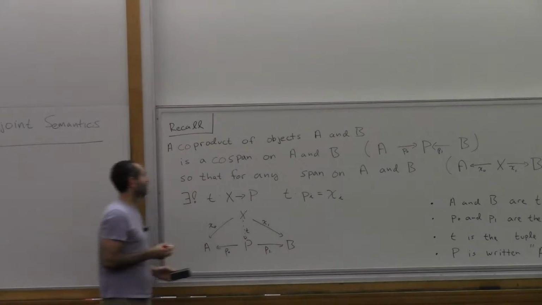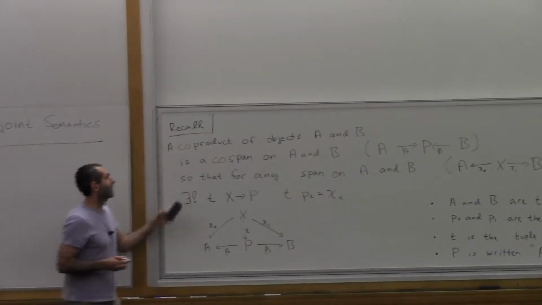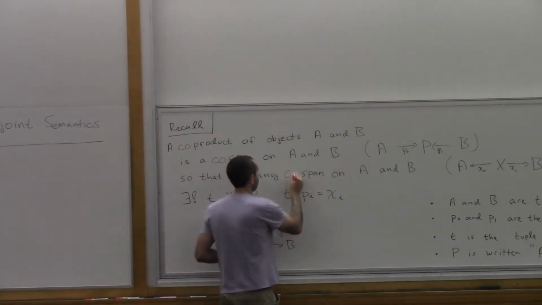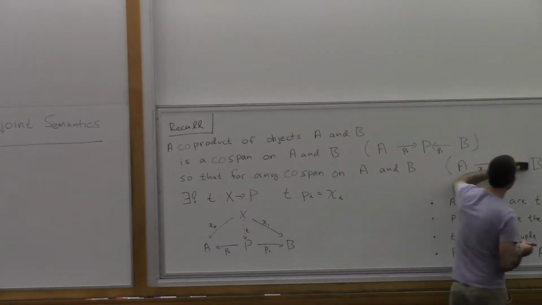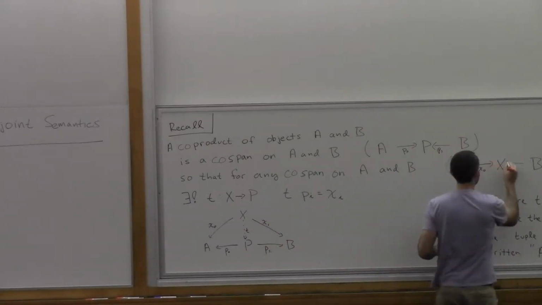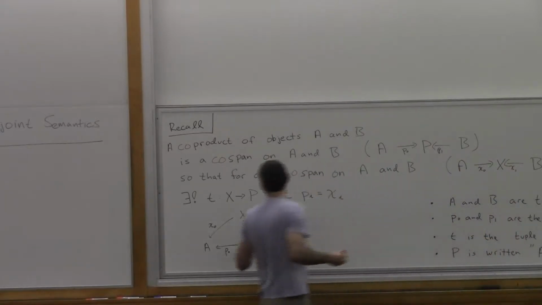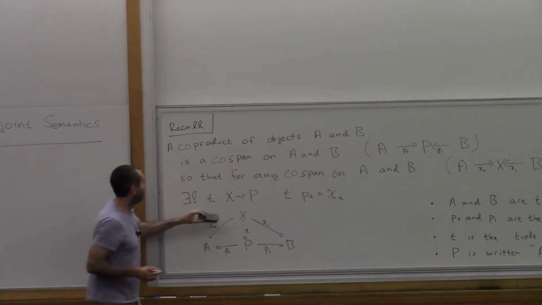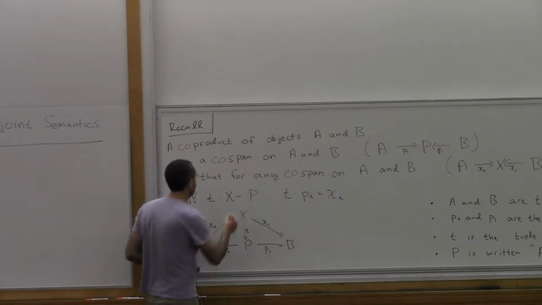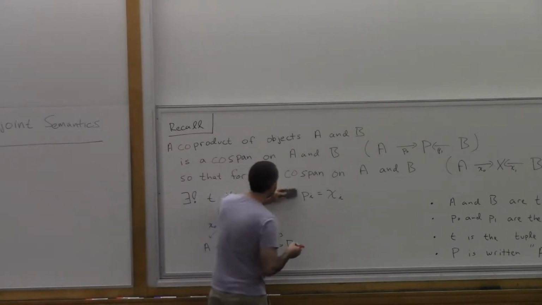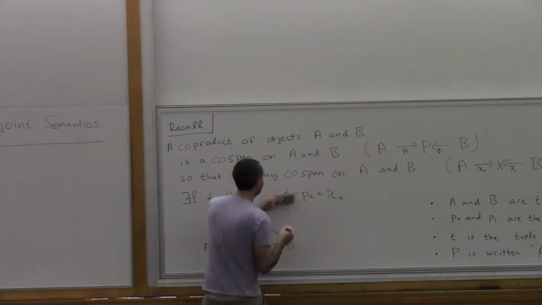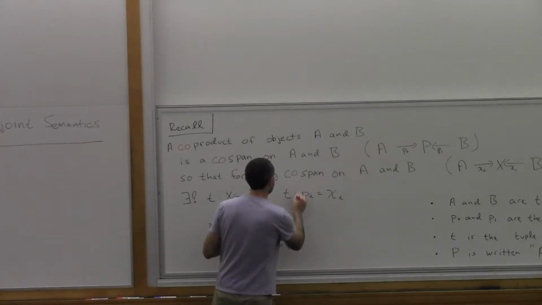Okay? So that for any other co-span on A and B, there's a unique T going the other way, such that T composed going the other way. So that's my circle composition.